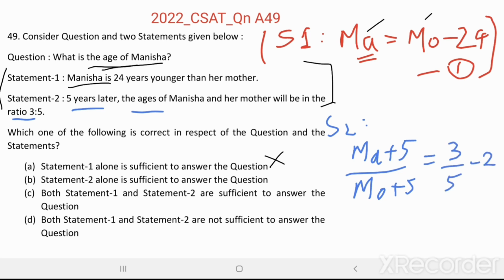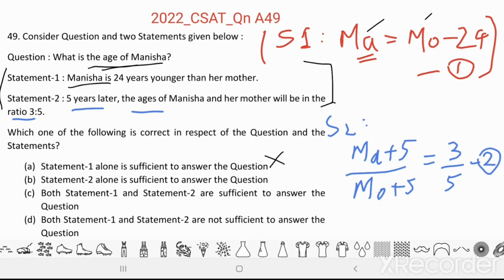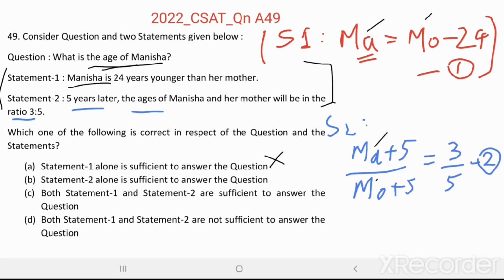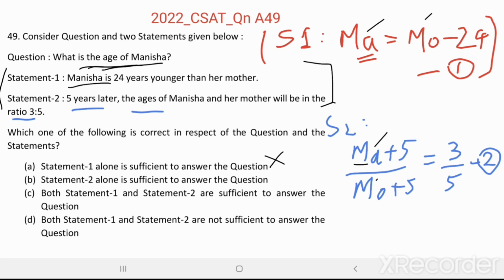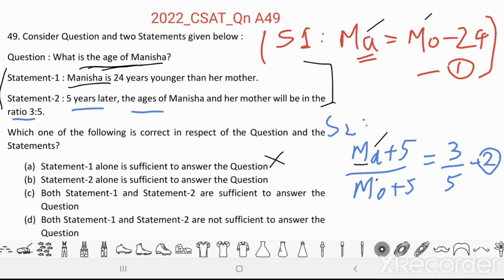Here we get another equation. There also there are two variables and one equation. So we cannot find the value of MA with statement 2 alone. So we can eliminate option B also.